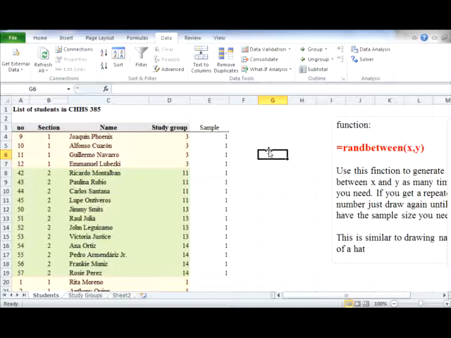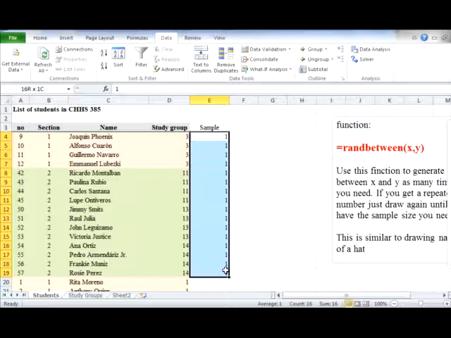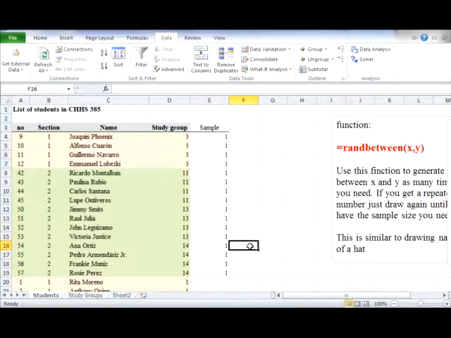We randomized the sample by the study group, and then surveyed everyone within a study group. We ended up with a sample of 16 students, right? So that is how you would do cluster sampling with Excel.